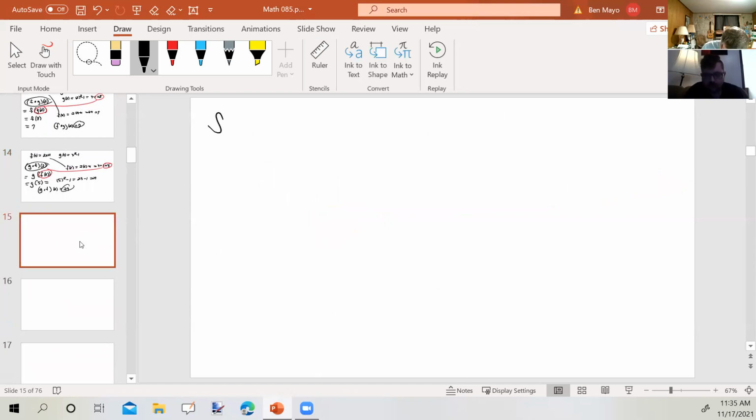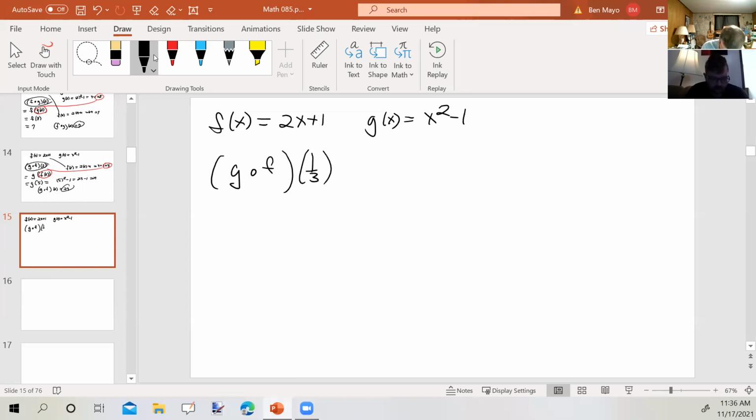Again, we're going to use f of x equals 2x plus 1, and g of x equals x squared minus 1. And let's find g composed with f of 1/3. So g composed with f of 1/3 equals g of f of 1/3. So let's start out by finding f of 1/3.